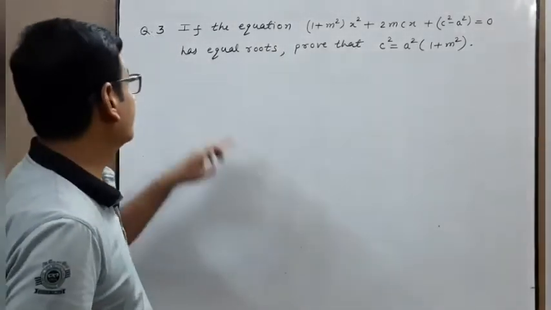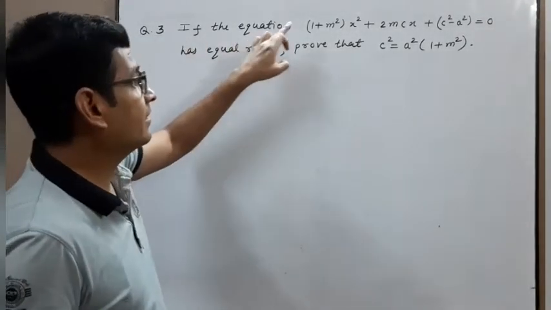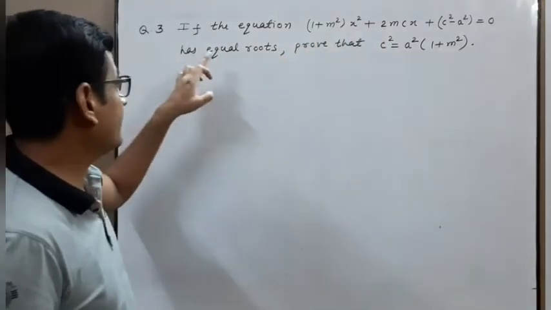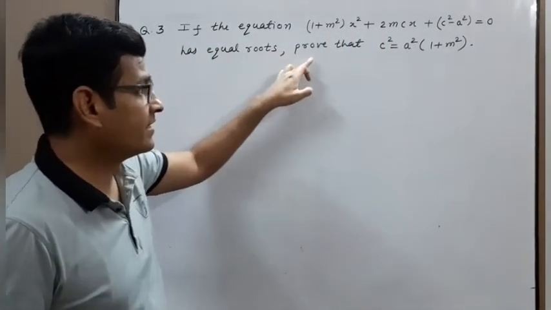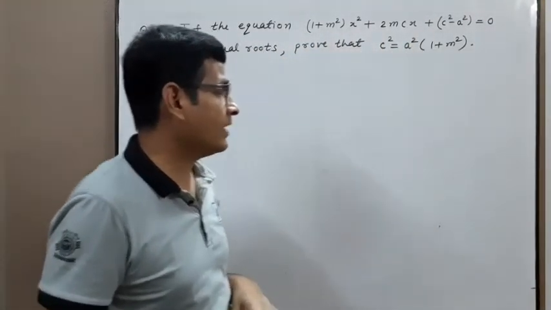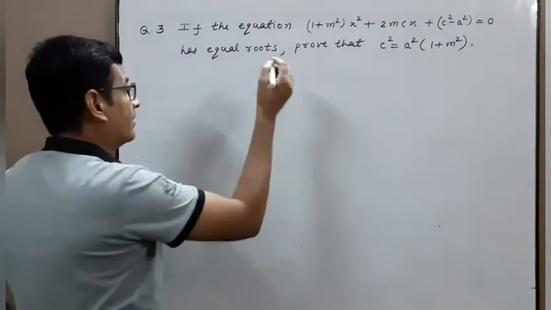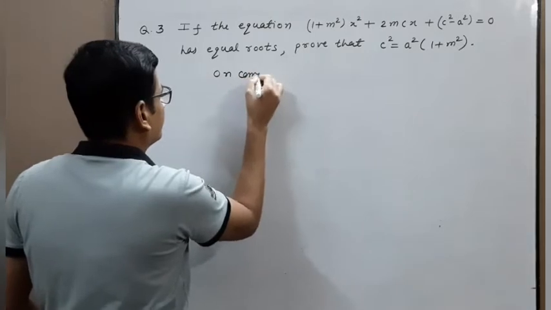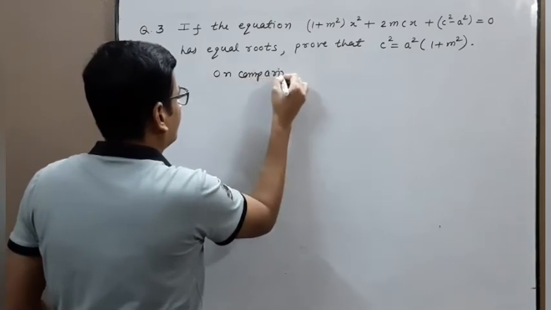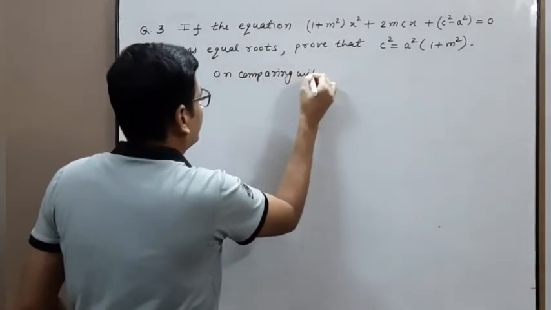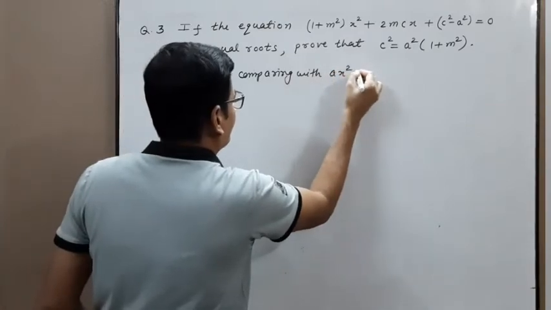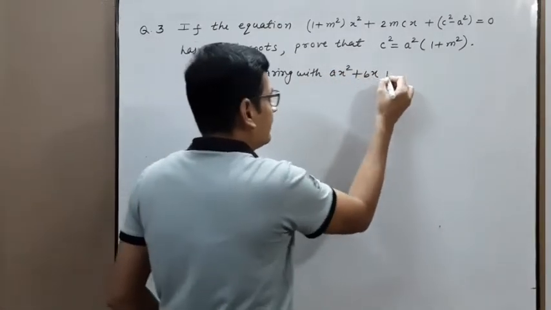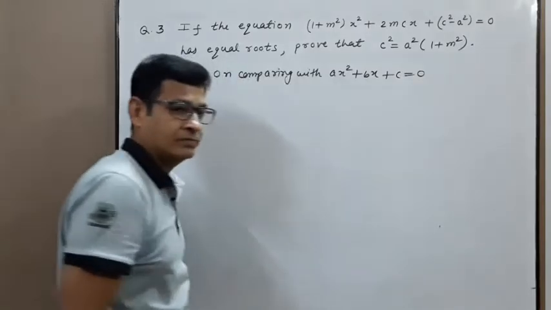Next problem. If the equation has equal roots, prove that c square equal to a square into 1 plus m square. So first write on comparing with ax square plus bx plus c equal to 0.